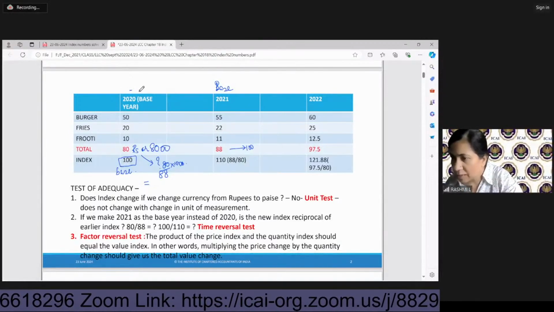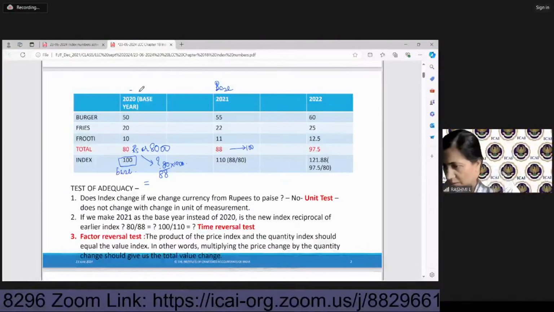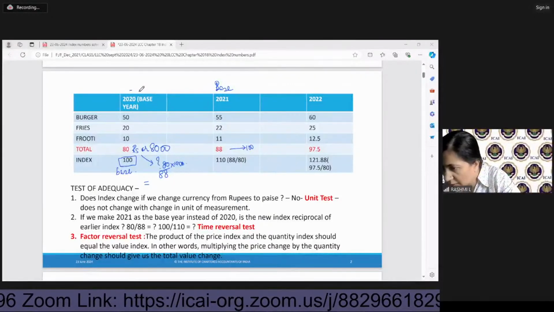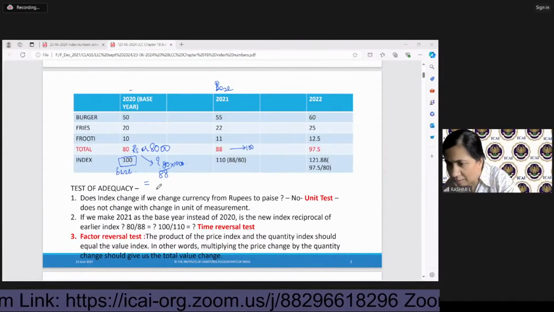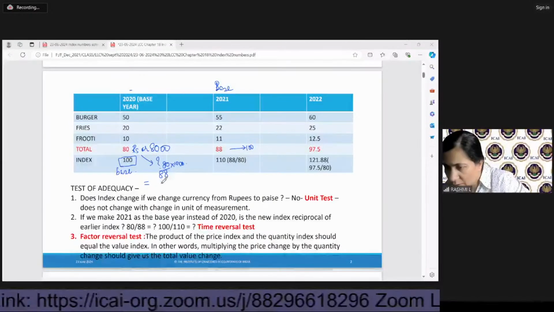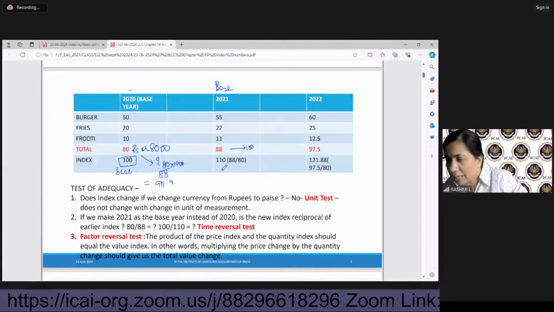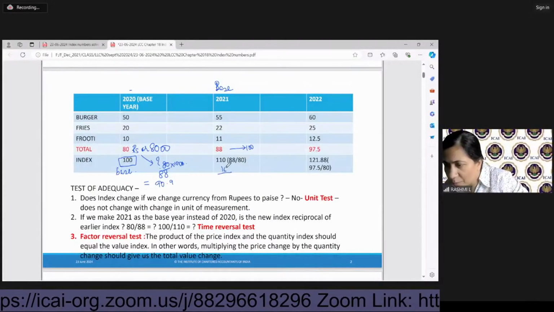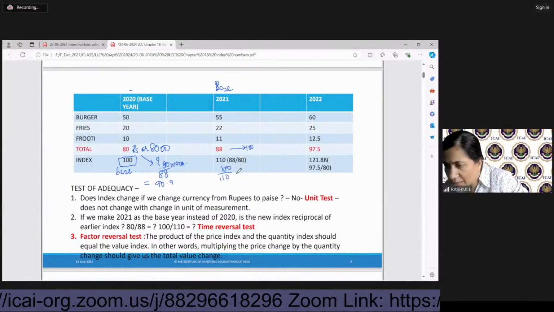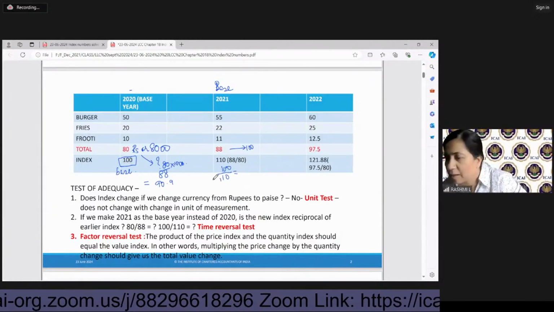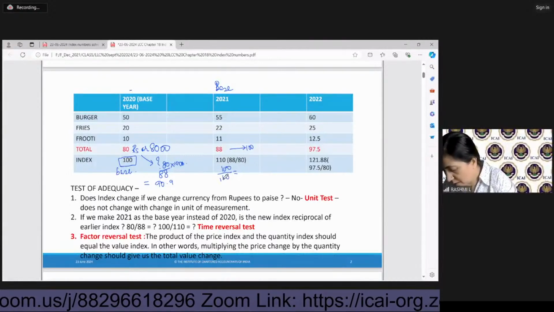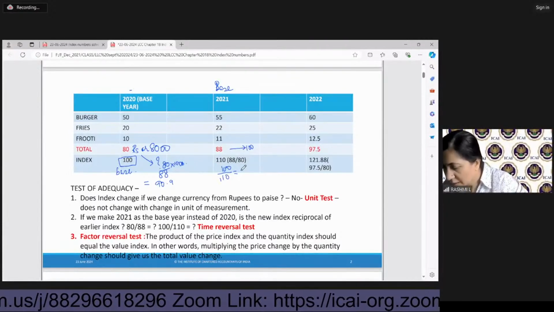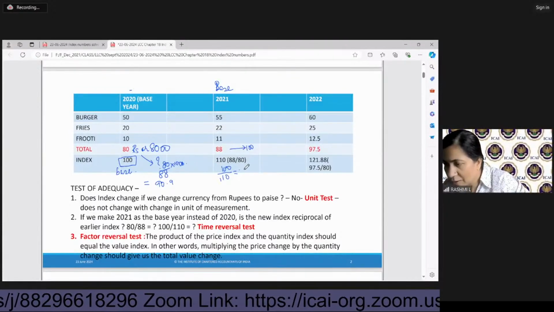Ishika is saying 90.9. Yes, 90.9. Now, can I have 100 divided by 110? That is also 90.9.